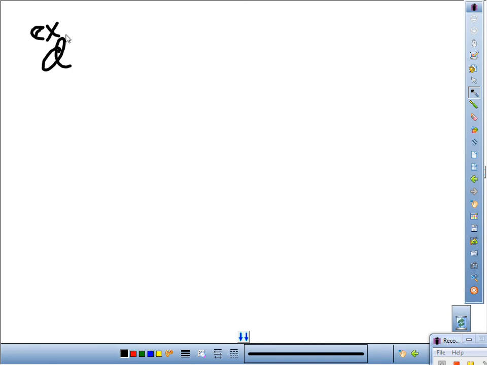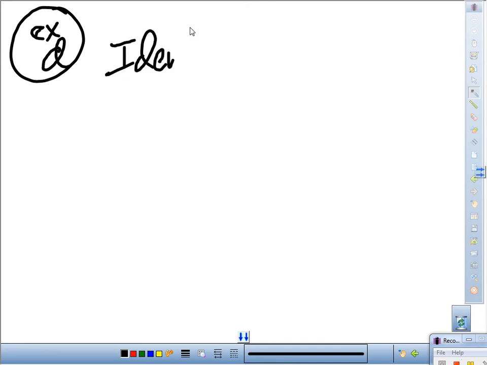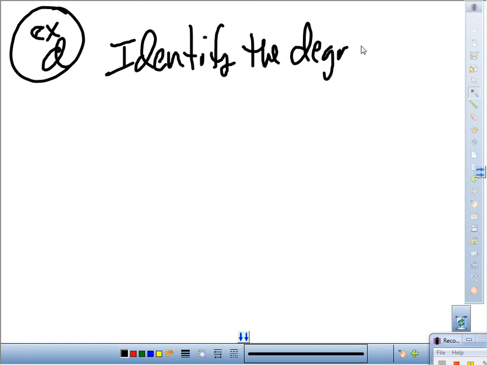Example 2. Lock your toolbar. Now for this example, I want you to identify, you don't need to write this down, identify the degree. Everybody ready?